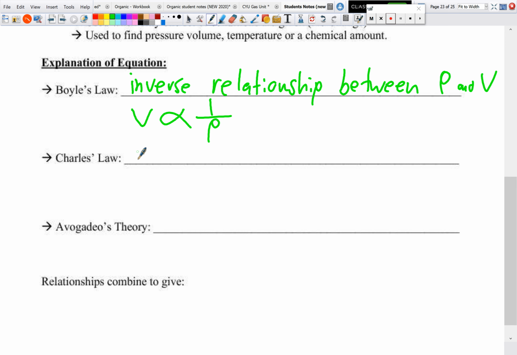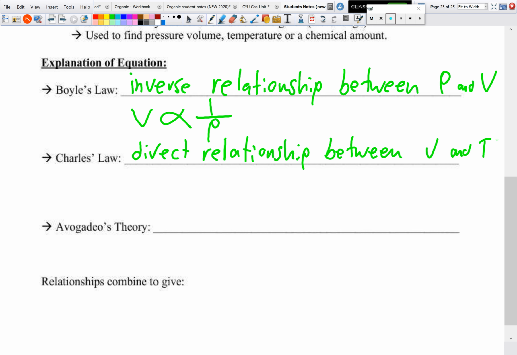Charles' law had the direct relationship between volume and temperature. So volume was directly related to temperature. So if volume went up, temperature went up. If volume went down, temperature went down.